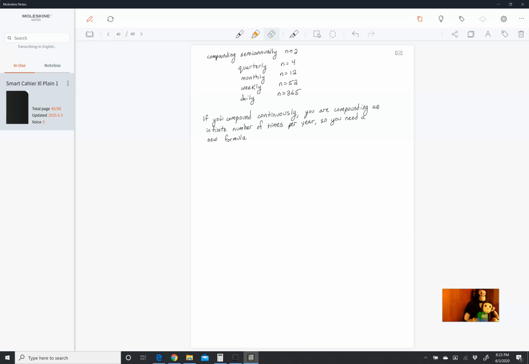Let's derive that formula. The way that we're going to derive it is we're going to take out the interest rate, we're going to take out the t, and we're just going to look at a small part of the formula. And this is our last formula.